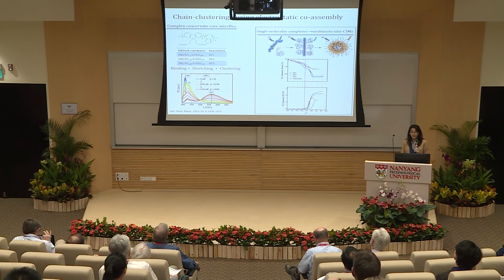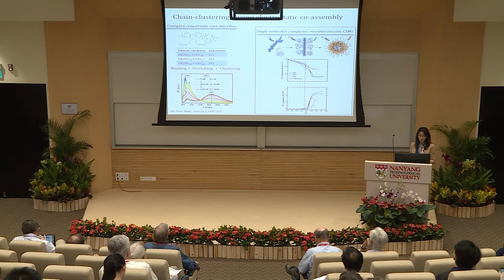And here the last example I'm going to give you is a completely synthetic system where we use the sensor too, the proximity sensor, with synthetic diblock polymers. We have P2MVP and PEO, where PEO serves as the hydrophilic group, and the P2MVP is quaternized, so it contains positive charges.